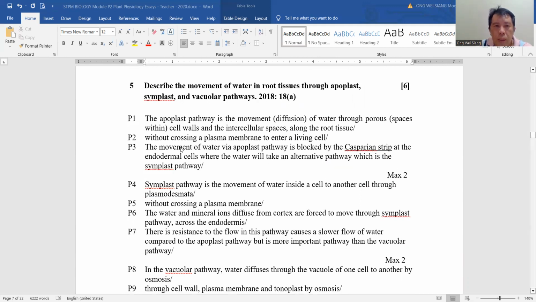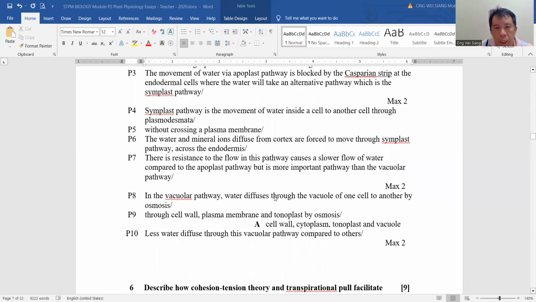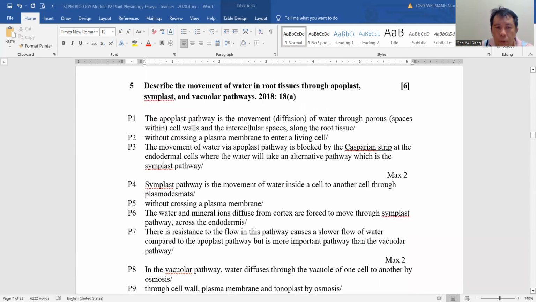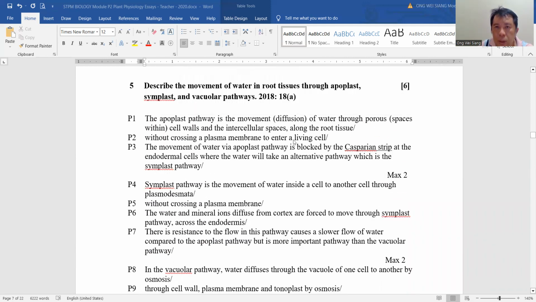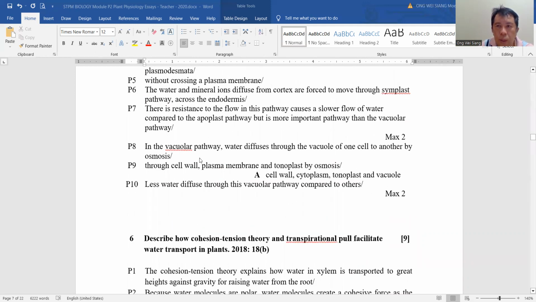You must be very clear about the apoplast pathway, what is the symplast pathway, as well as the vascular pathway. Since the question has mentioned vascular pathway, you must mention it as well. It is a 6 marks question, so 2 marks for the apoplast pathway, 2 marks for symplast, and the other 2 marks for the vascular pathway.